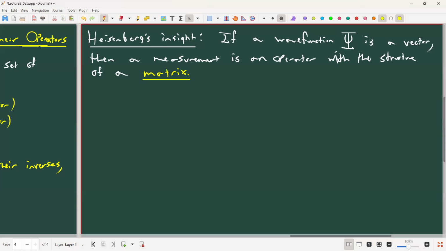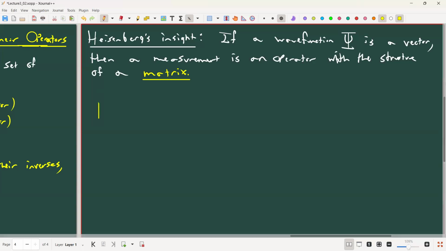What the hell is a matrix? You guys might remember from Algebra 2, we learned a little bit about matrices. What's a matrix? Well, it's just a square or a rectangular object that contains numbers in rows and columns.